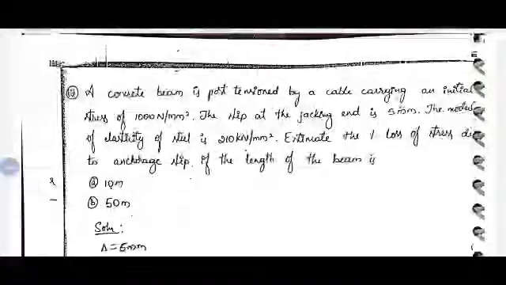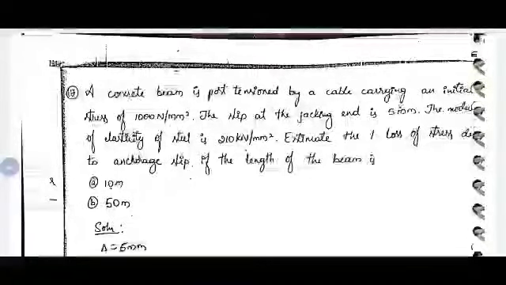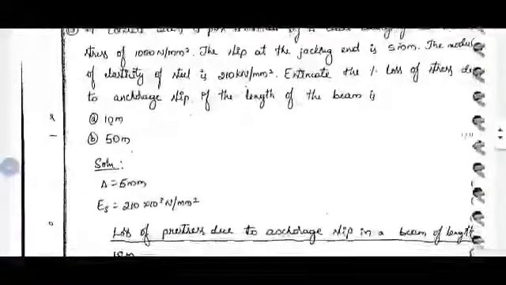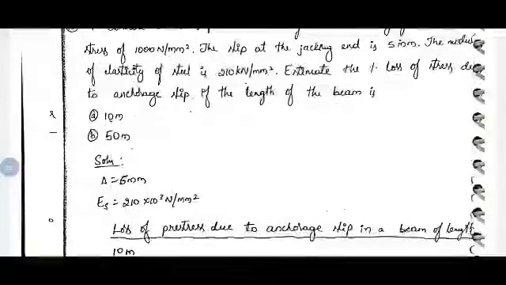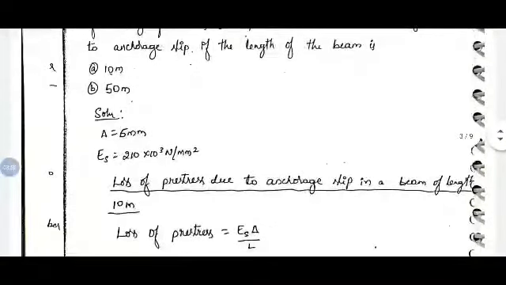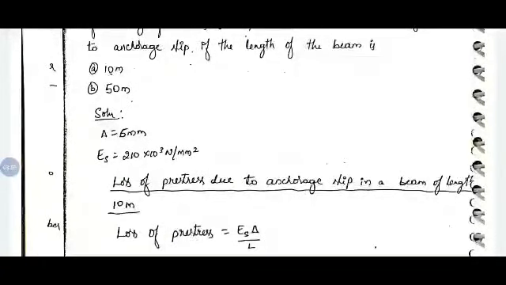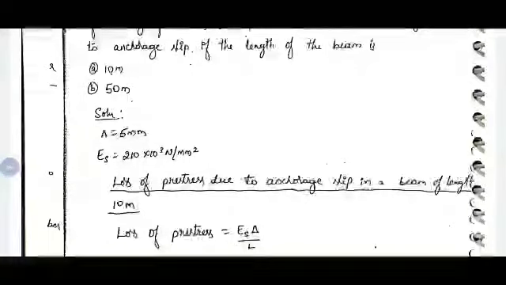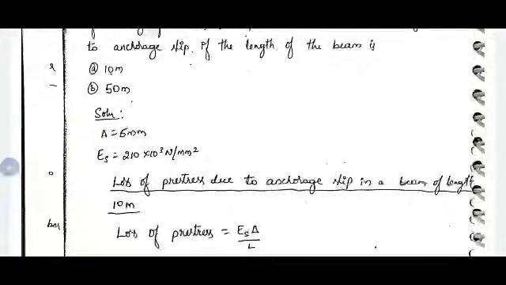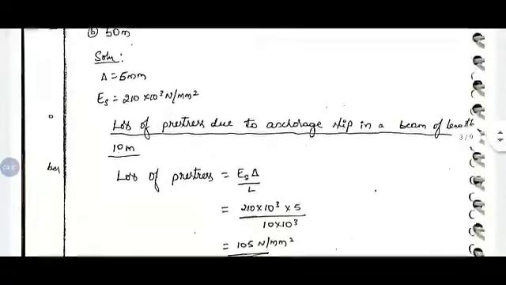So delta is given, anchorage slip is 5 mm, Young's modulus of steel is given. So loss of prestress due to anchorage slip in a beam of length 10 meter. We know the formula: loss of prestress due to anchorage slip is Young's modulus of steel into anchorage slip upon length, the total length of the beam.